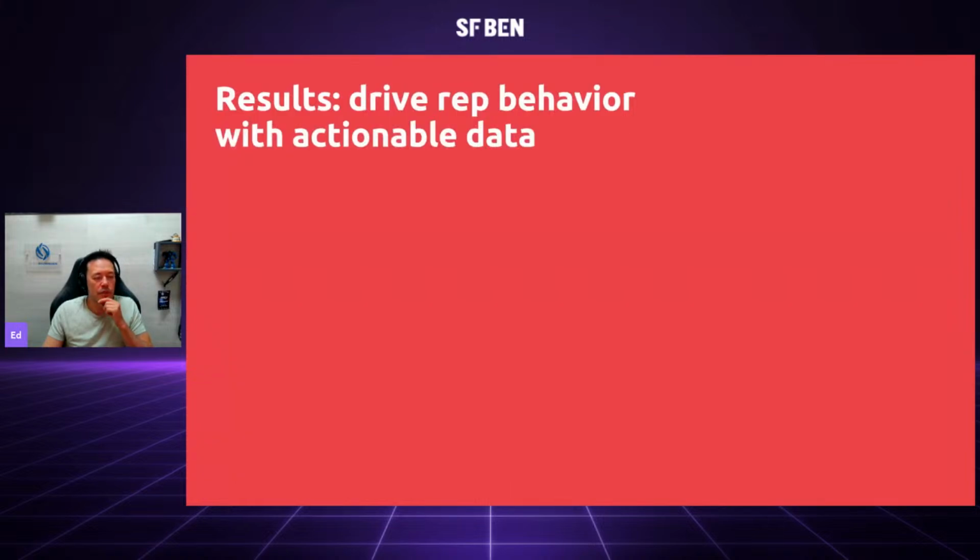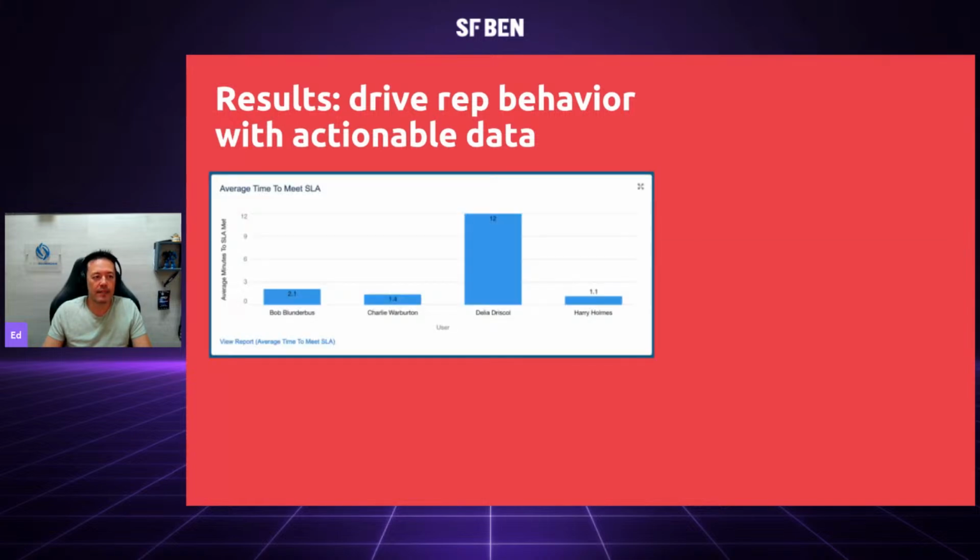And then finally, results. I talked about results and how maybe you can drive rep behavior with actionable data. So these next few charts show data that comes out of using the SLA or service level agreement feature. What this does is measure the amount of time between assignment and the first contact.